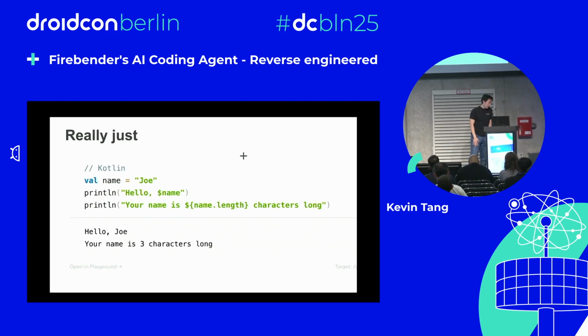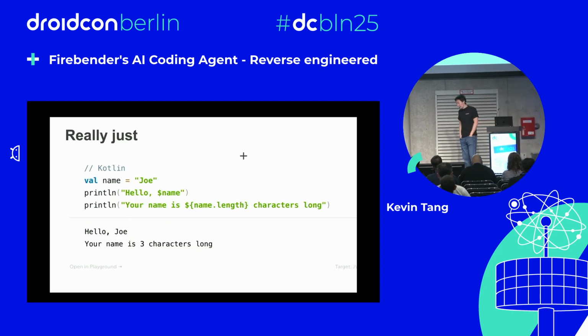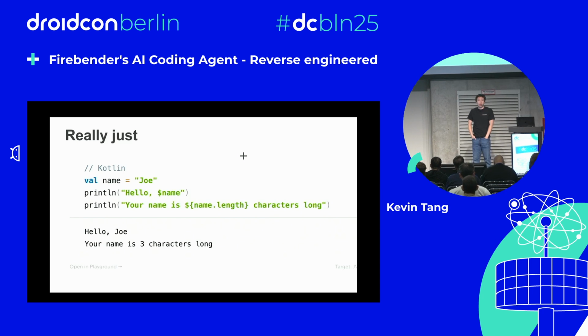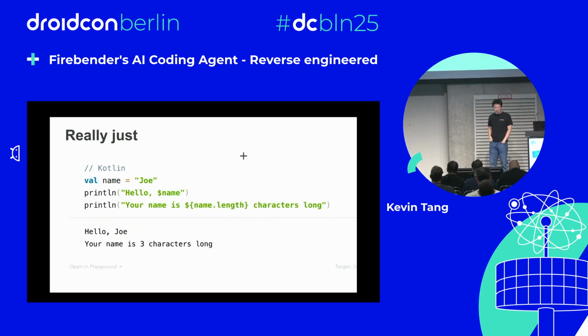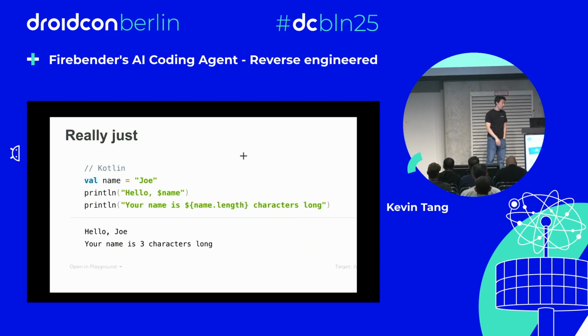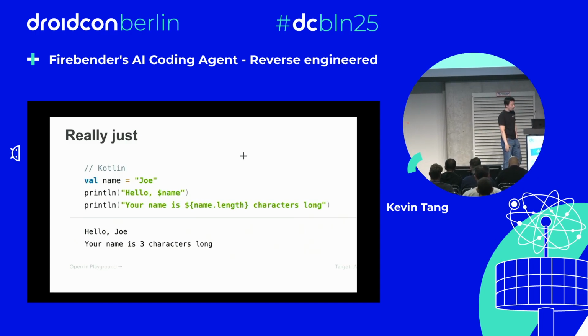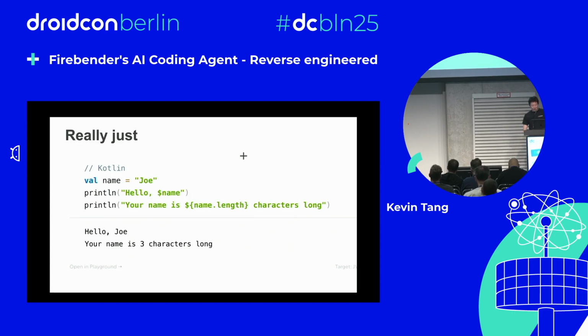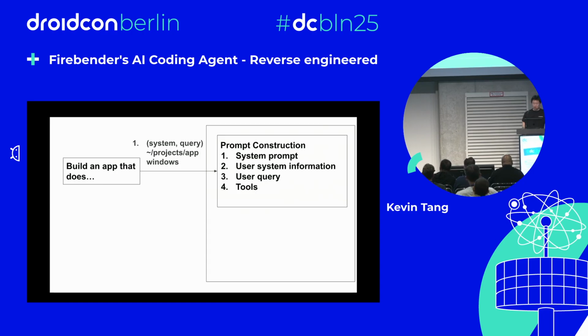But at the heart of it, an LLM is just a function that takes in a string and outputs a string, and that's it. You'll hear about these agentic systems or MCP or whatever, and at the end of the day, all of this gets concatenated into one big messy string. That's it. And so now you'll get to see Firebender's very big messy string.